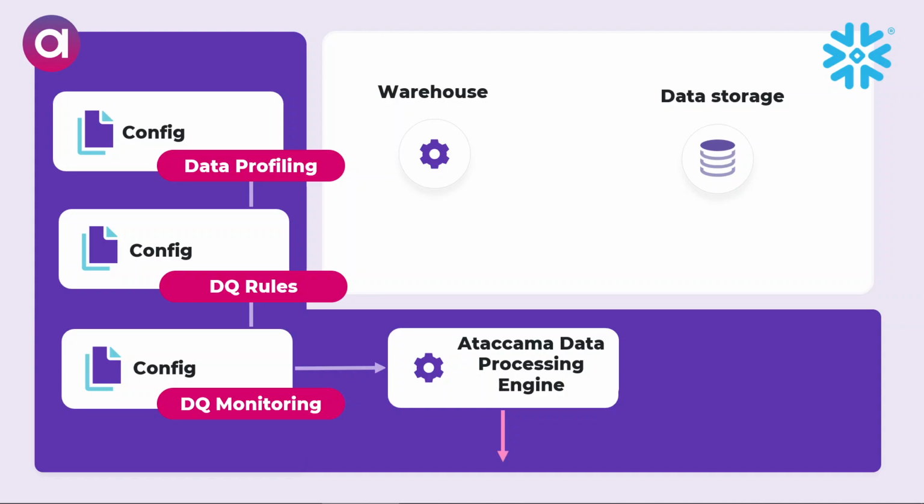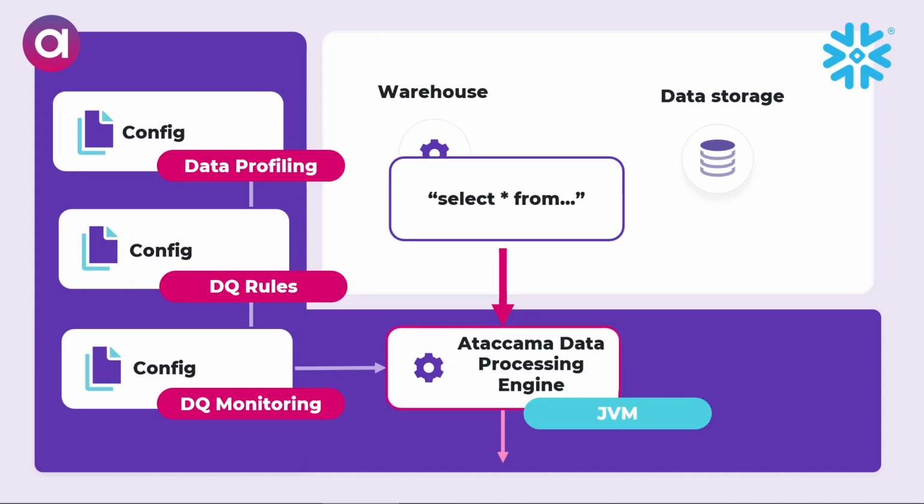So when, as I was showing, we want to evaluate the data, grab the data from Snowflake, it actually means that the Ataccama data processing engine sends a request, something like select everything from a certain table, takes the data to the engine and evaluates it there, in the form of a Java virtual machine, the engine itself. So this is how it was working until now.